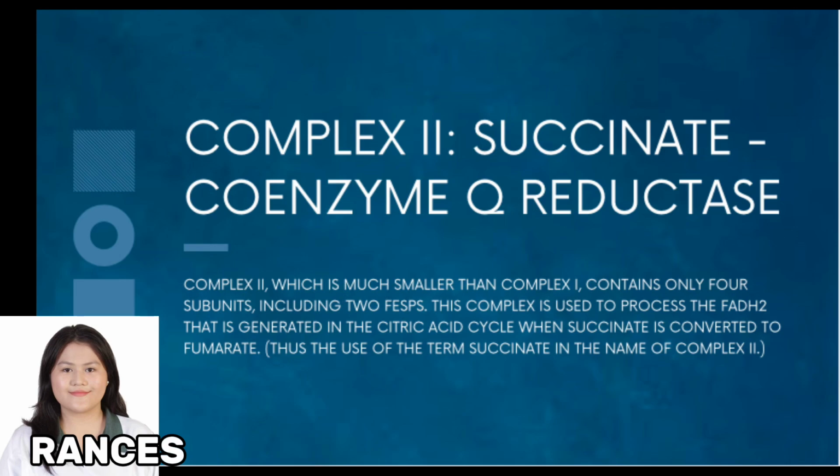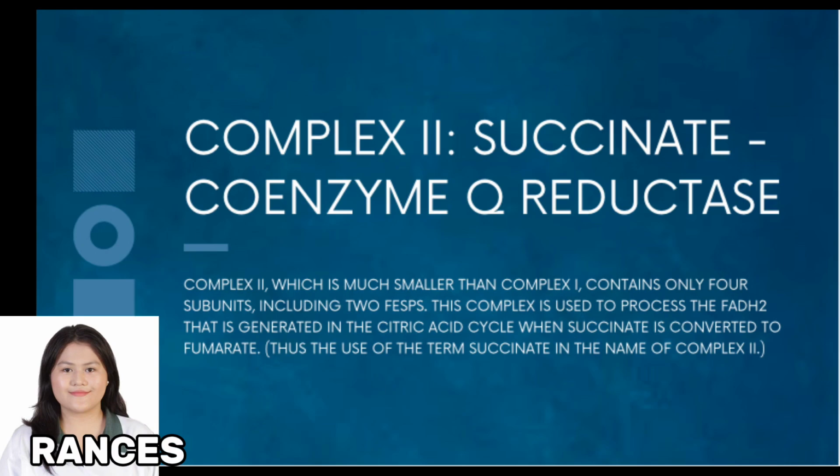This complex plays a crucial role in the electron transport chain by processing FADH2, which is generated in the citric acid cycle. Specifically, it facilitates the conversion of succinate to fumarate, a step that also contributes electrons to the chain via FADH2.